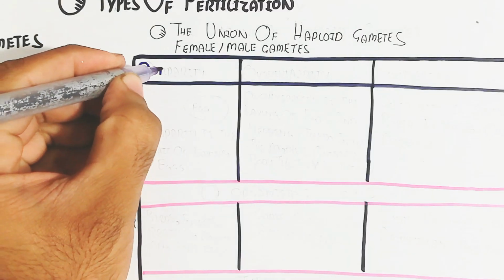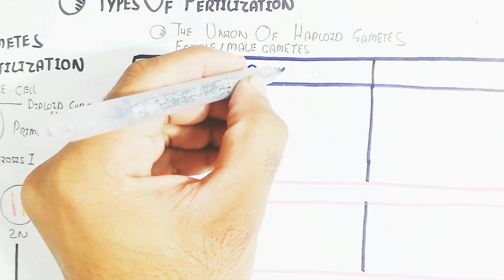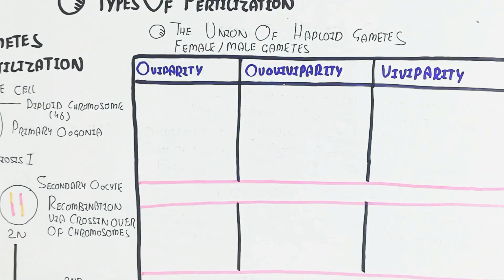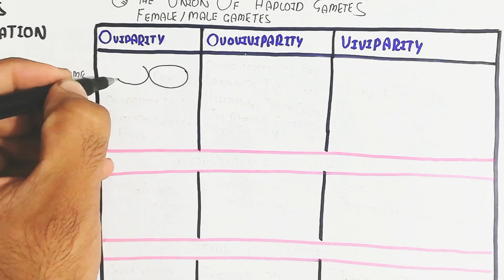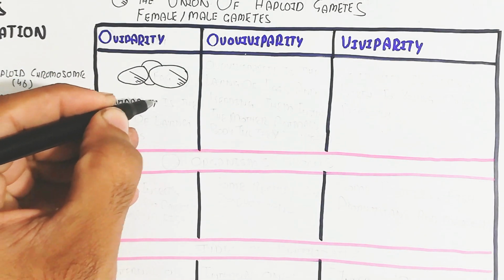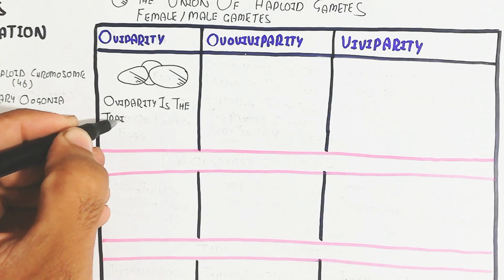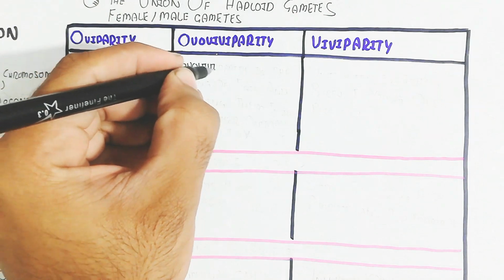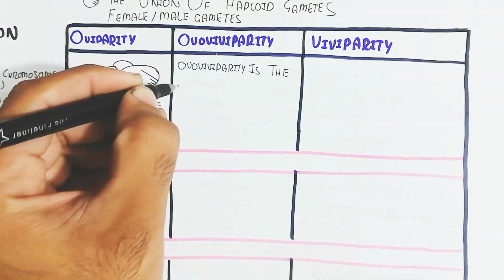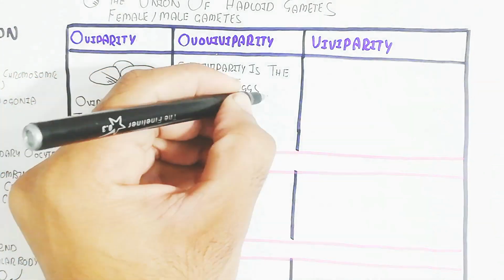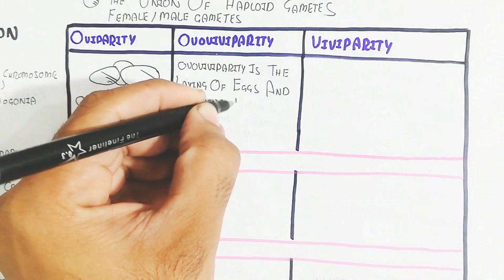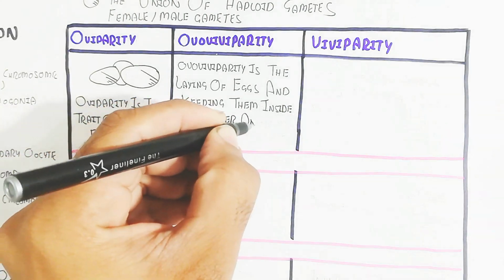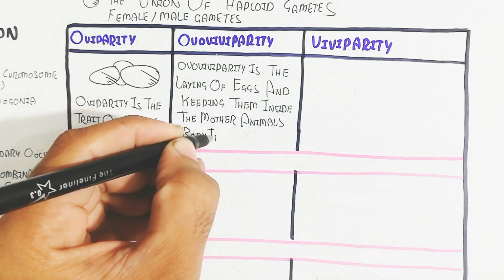Let's begin to understand the development strategy and how it is formed. There are basically three types: oviparity, ovoviviparity, and viviparity. Oviparity is the trait of laying eggs, like a hen. Ovoviviparity is the laying of eggs and keeping them inside the mother animal's body till they are hatched, and after hatching comes birth.